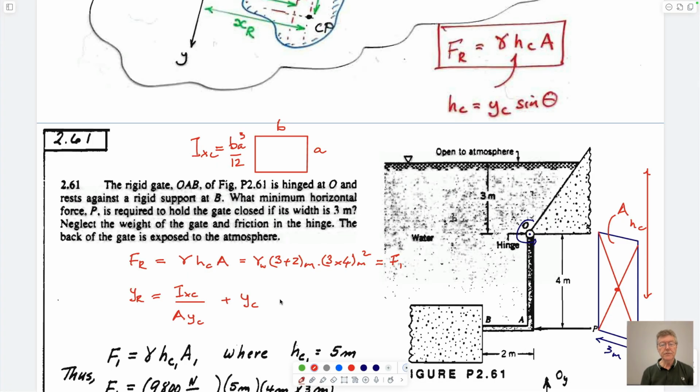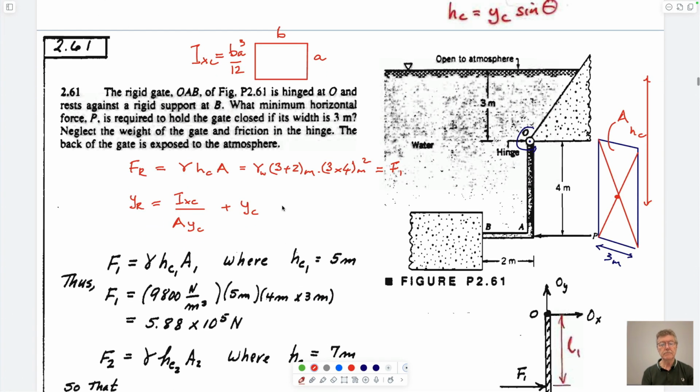And so if we do that here, this is BA cubed over 12, that's this, over the area times YC, plus YC. So let's see what these are.